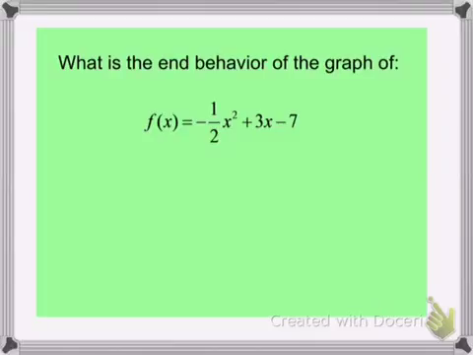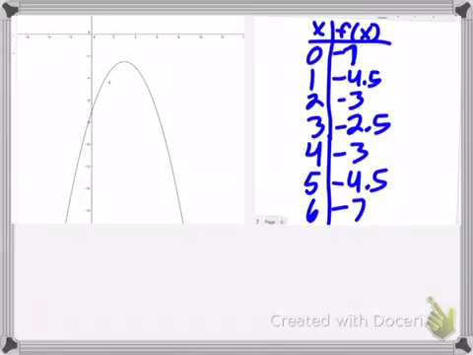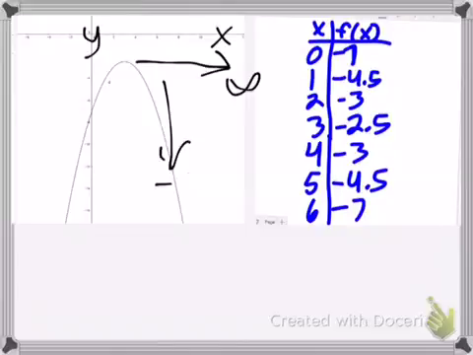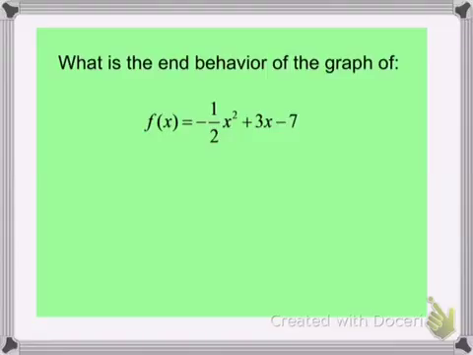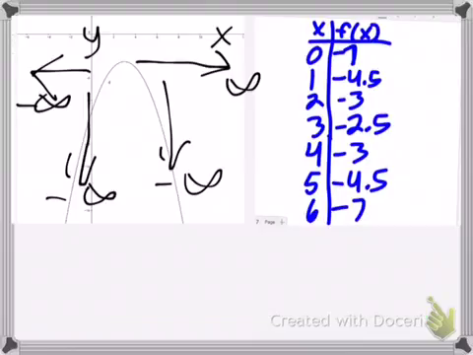What is the end behavior of negative 1/2 x squared plus 3x minus 7? You can find that on your graph. As x is going towards positive infinity, y is going to negative infinity. As x goes to negative infinity, y is going to negative infinity. And you can tell that.